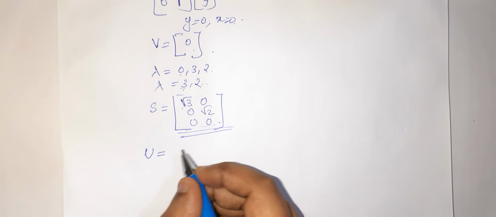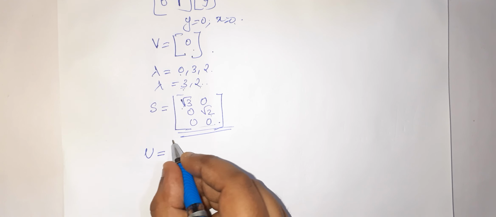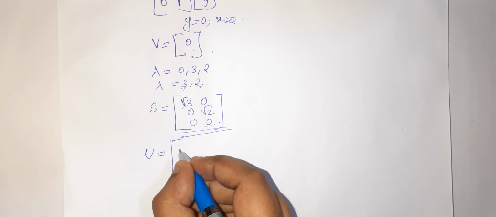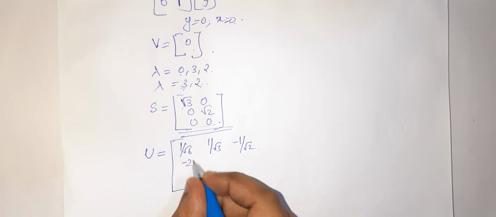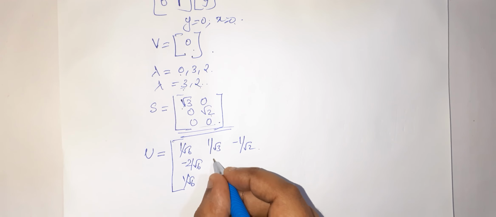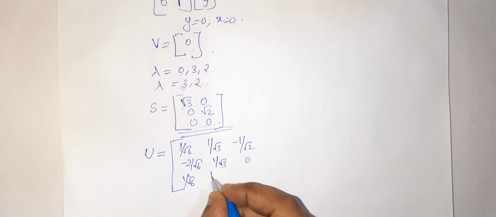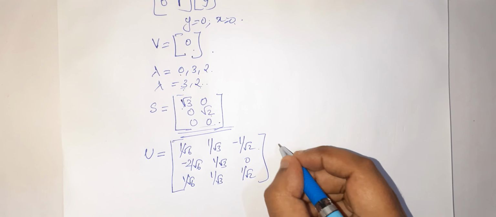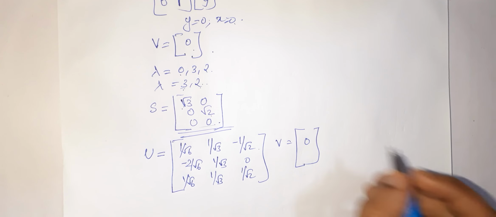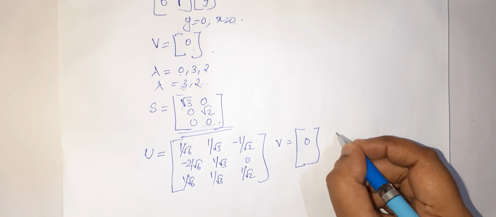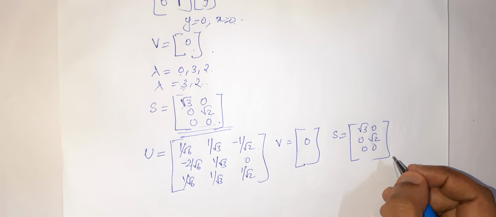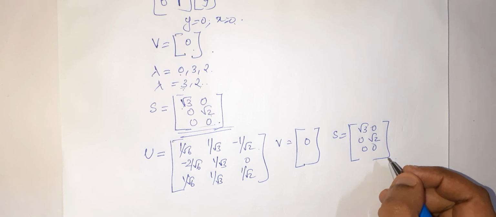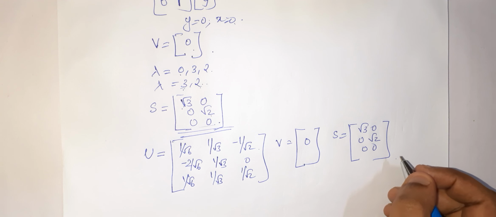Therefore, our matrix U will be 1 by root 6, 1 by root 3, minus 1 by root 2, minus 2 by root 6, 1 by root 3, 0, 1 by root 6, 1 by root 3, 1 by root 2, and V will be a 0 matrix, and S will be root 3, 0, 0, root 2. This will be the answer.